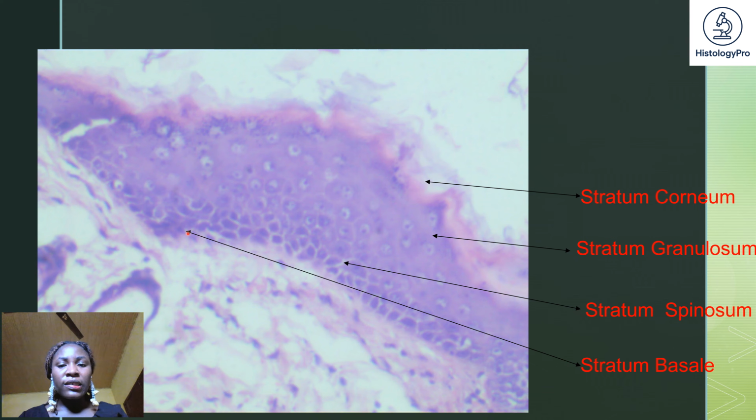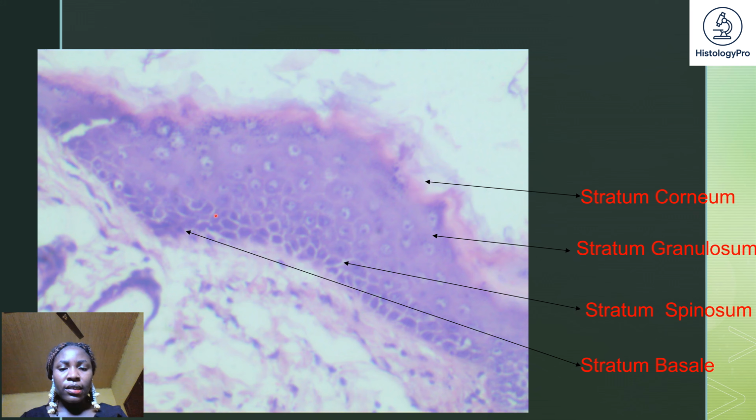This is the deepest single layer of cuboidal to columnar cells. It rests on the basement membrane. This layer is where germinal processes occur, or where constant cell divisions occur.